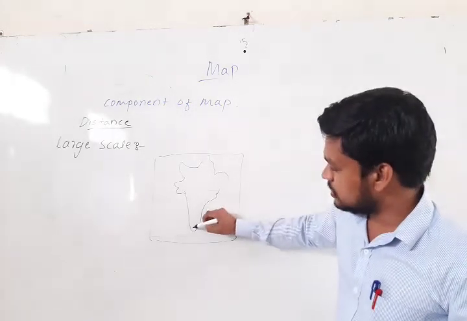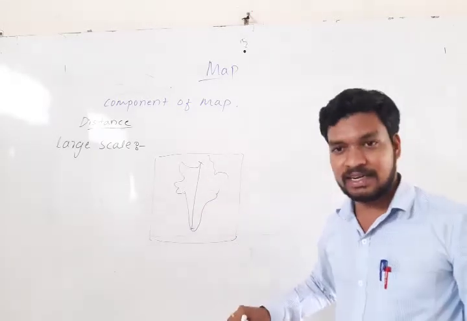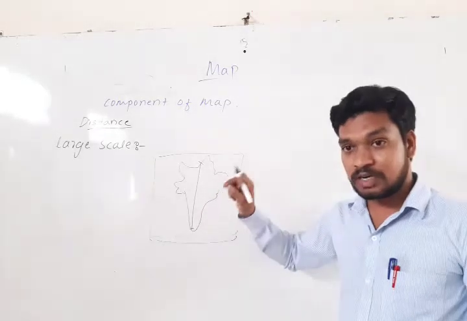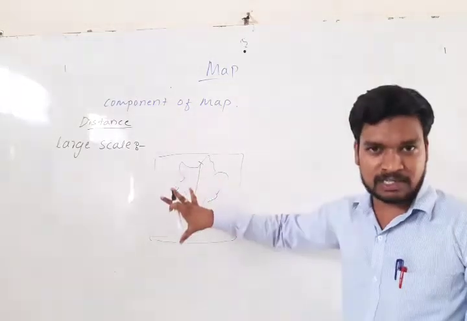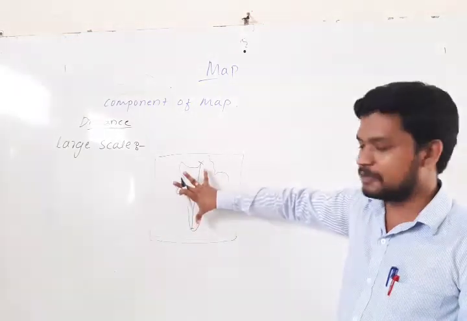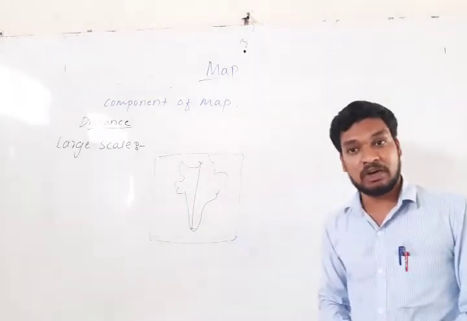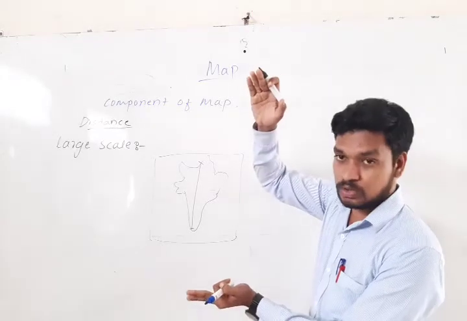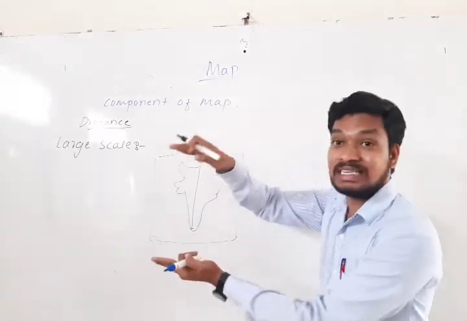India has around 3,214 kilometers of length. These 3,214 kilometers are shown in around 20 centimeters.